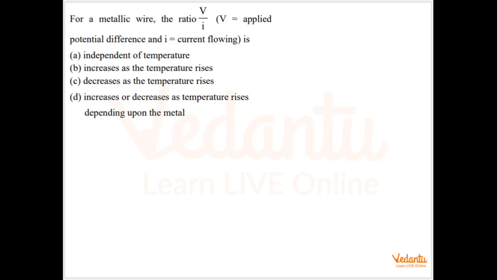In this question, in the metallic wire, the ratio V by I is, we have to determine, beta, how does it depend on temperature.